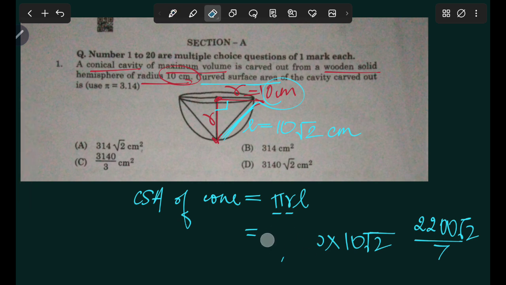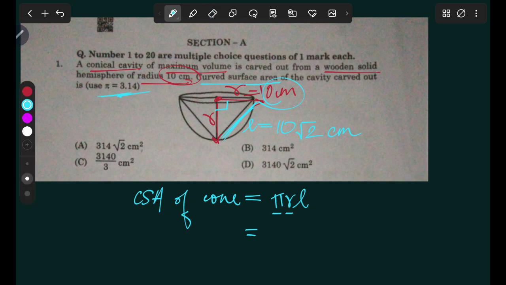We are going to apply pi as 3.14 as given in the question. We didn't consider that, the kind of small silly mistakes we often make in examinations. 3.14 into 10 into 10 root 2 comes out to be 314 root 2 centimeter square. So option A is the correct answer.